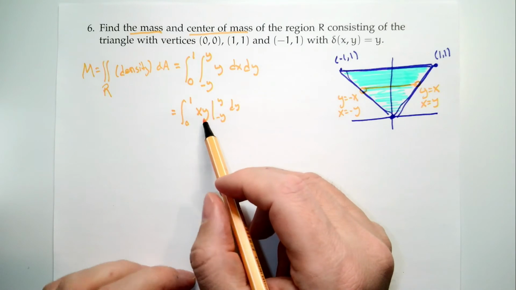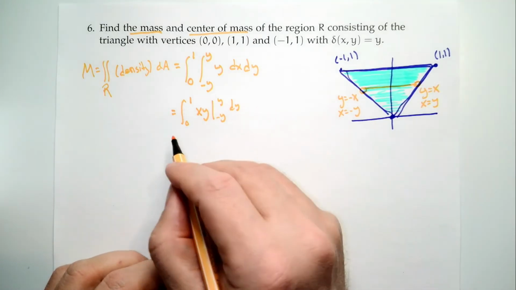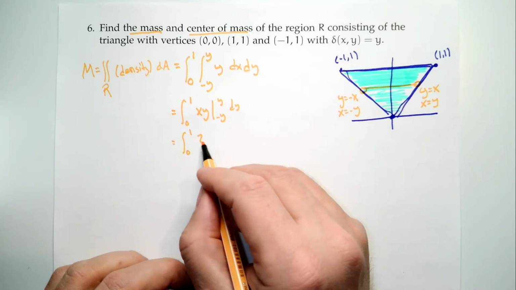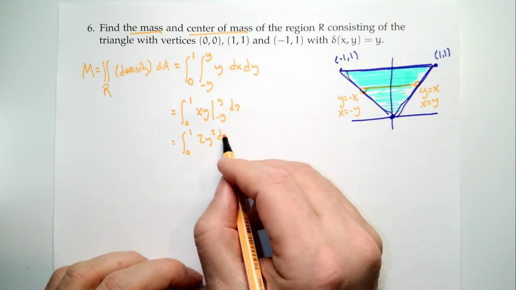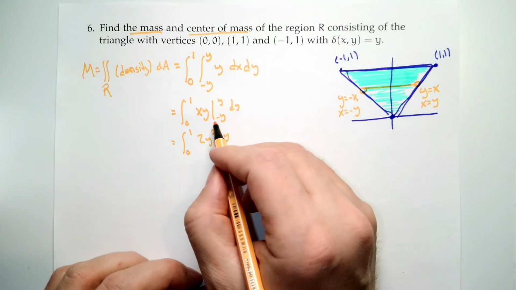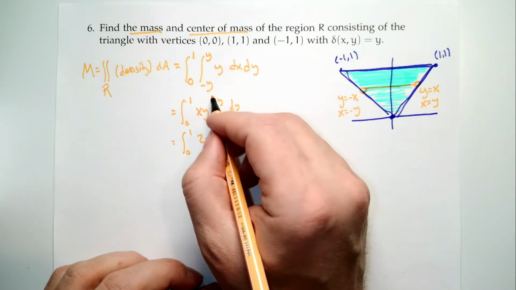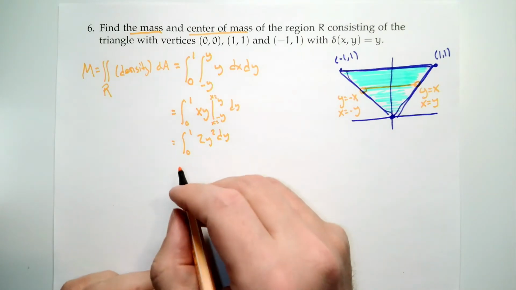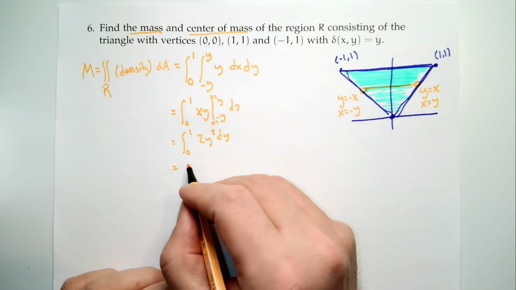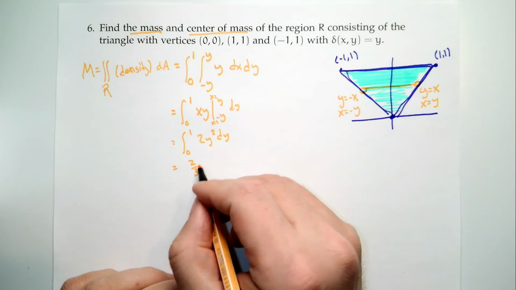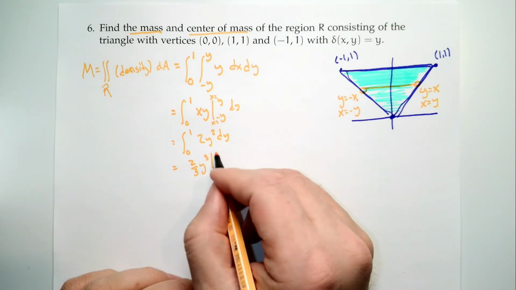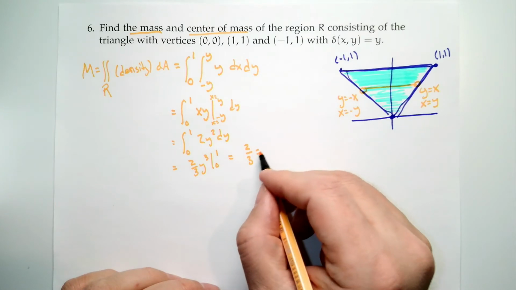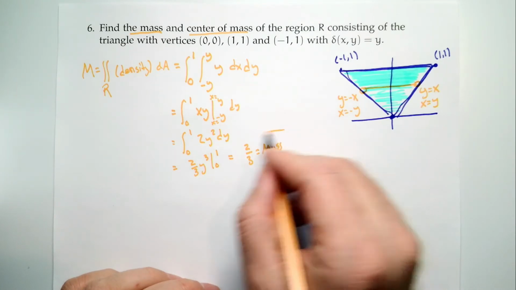Subtract minus y squared, which really says that this is the integral from 0 to 1 of 2y squared. I should really have said x equals there. It's useful to write those in, just so you remember what's being evaluated. All right, so that gets us 2/3 y cubed. Evaluate that from 0 to 1. And therefore, 2/3, again, that's our mass. And that's part of our answer.